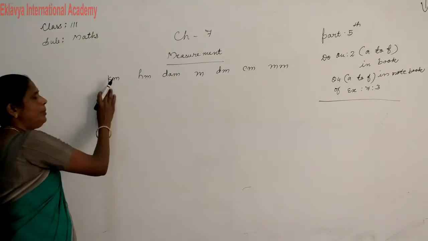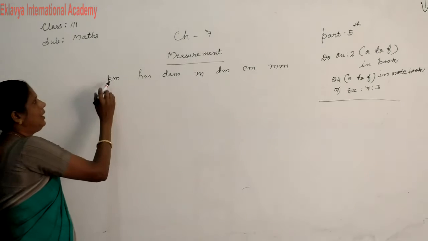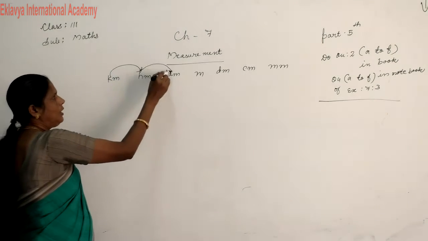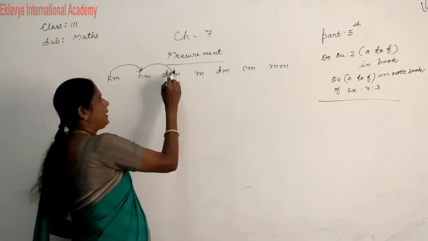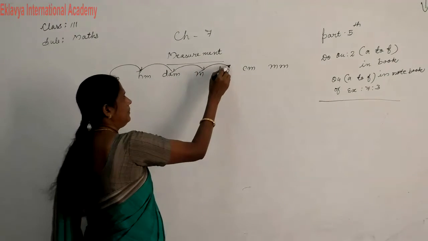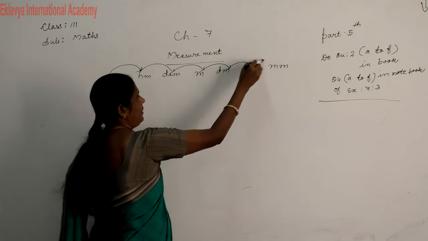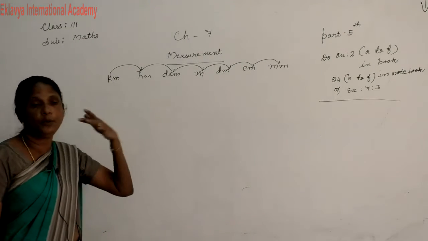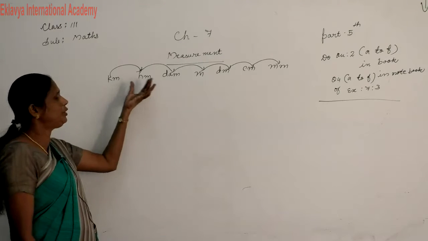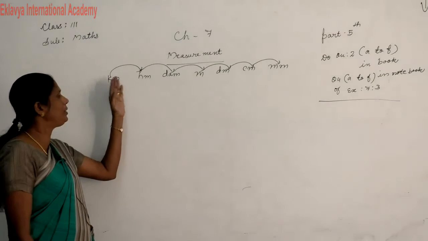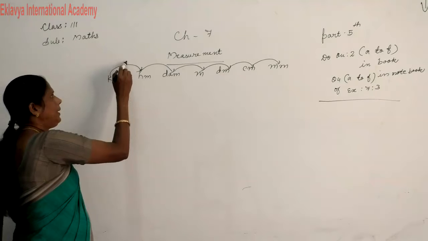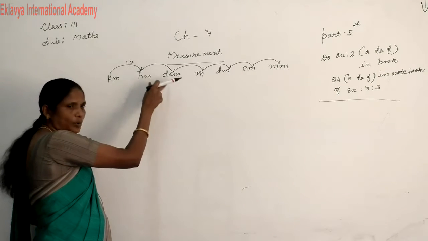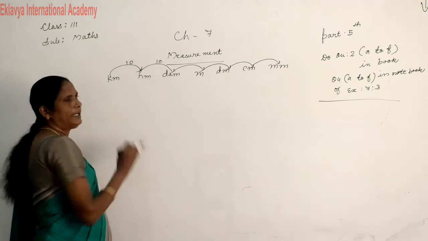First, kilometer is the highest unit. Going from bigger to smaller units, we multiply according to the distance from one unit to the other. Kilometer to hectometer, we multiply by 10. Hectometer to decameter, we multiply by 10.